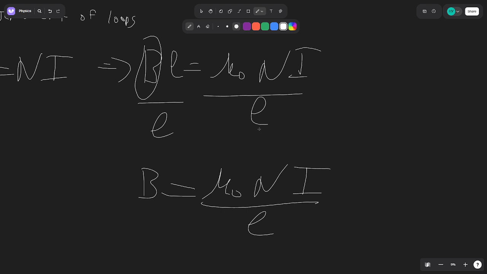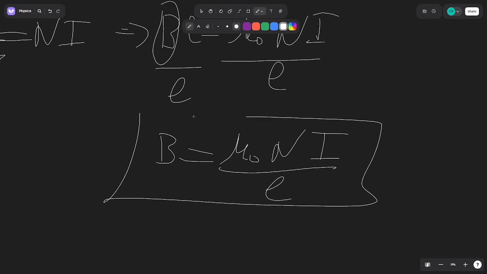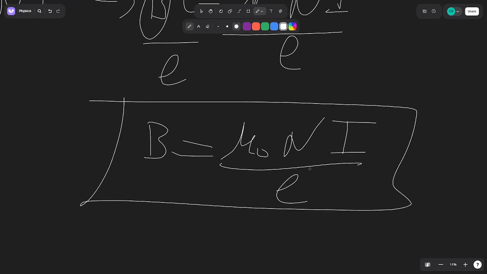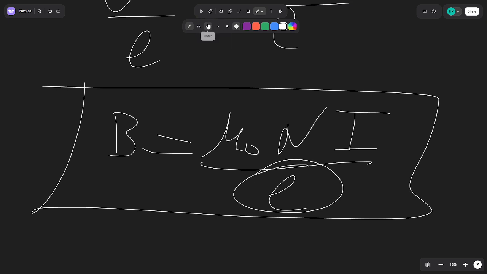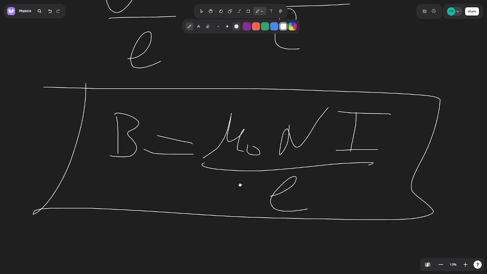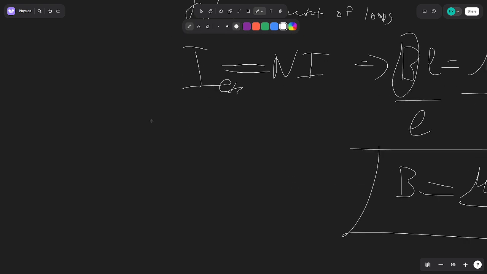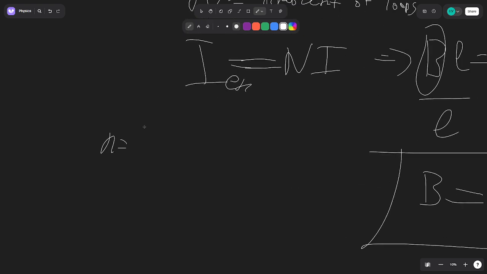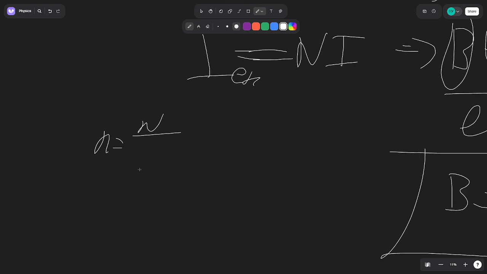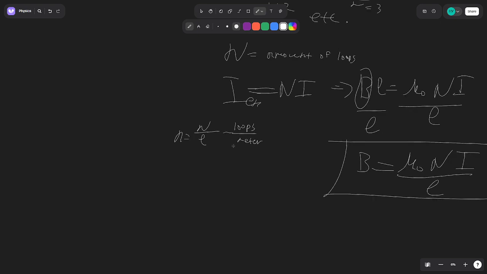Maybe we can make it a bit prettier. I don't like this stuff. I don't like to watch this. And yes, we actually can, because small n equals big N, the amount of loops, divided by L. And this is loops per meter. So this is the amount of loops we get per meter.